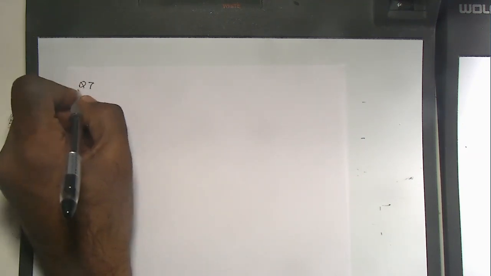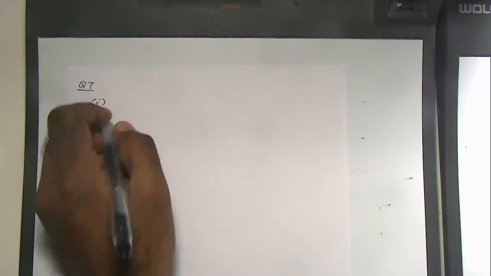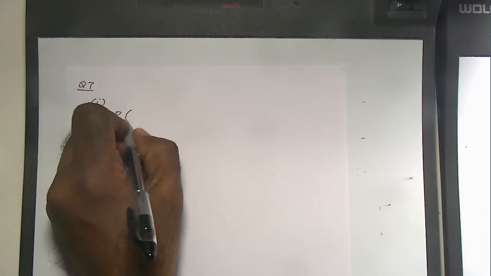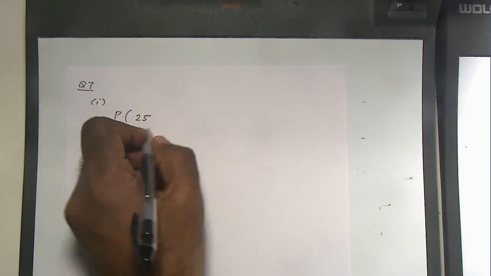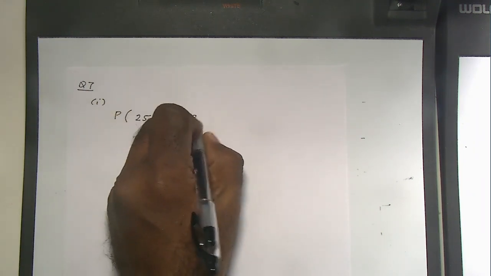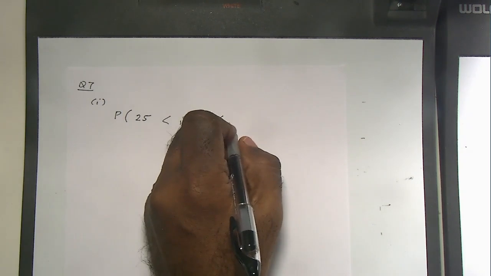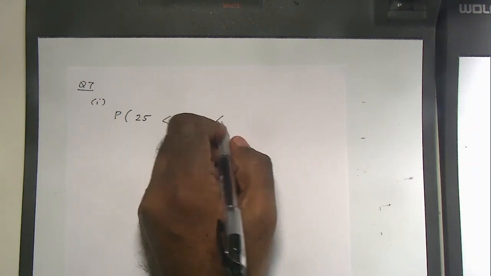You have a random sample of size 10 from a normal distribution with variance 36. The first part is to find the probability that this sample variance lies between 25 and 60, right?